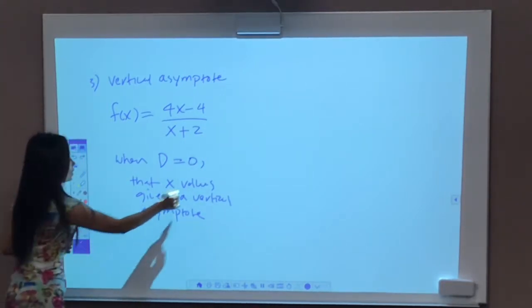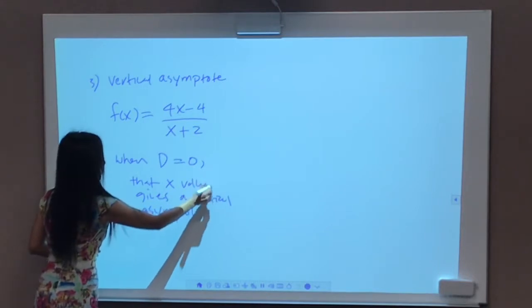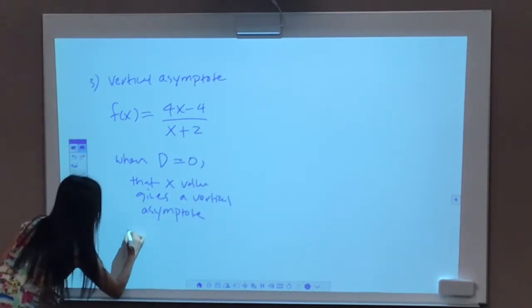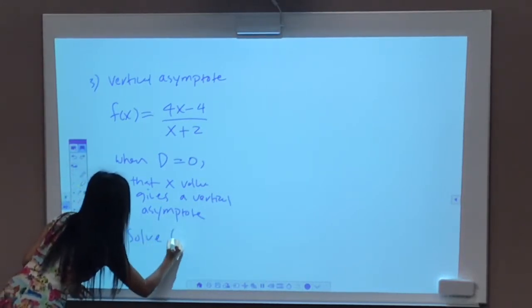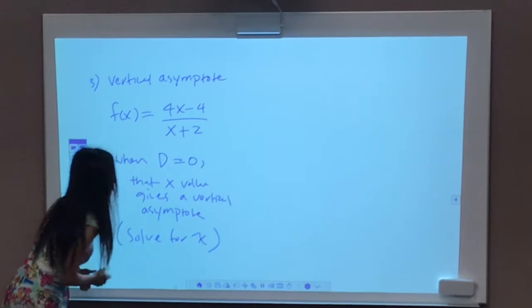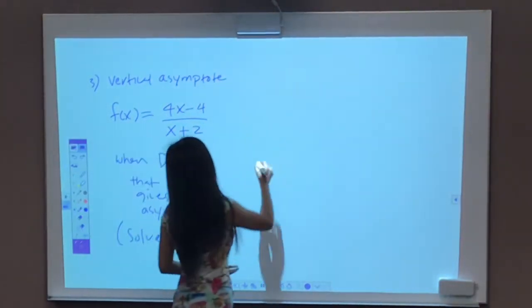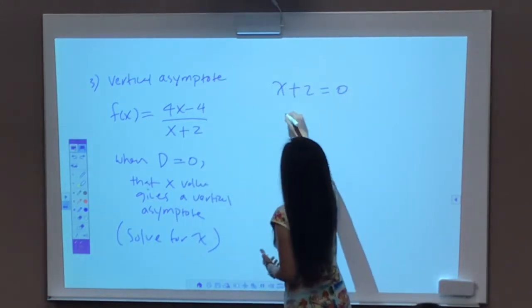So let's solve it then, right? In other words, what are you doing then? Solve for x, for the denominator. I just need to simply do x plus 2 equal to 0. So x is equal to what? Negative 2. That is your vertical asymptote.